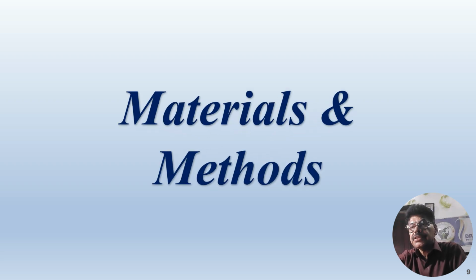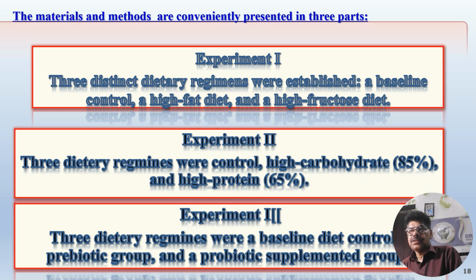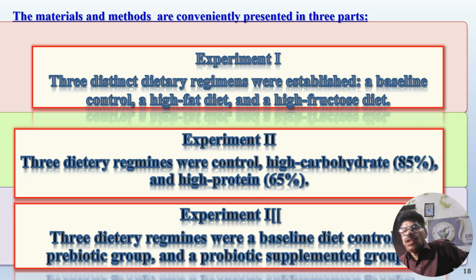Materials and methods: we have three experiments. In experiment one, three distinct diets were given: the control diet, high fat diet, and high fructose diet. We made a comparison of dietary regimes: the control, high carbohydrate, and high protein diet.